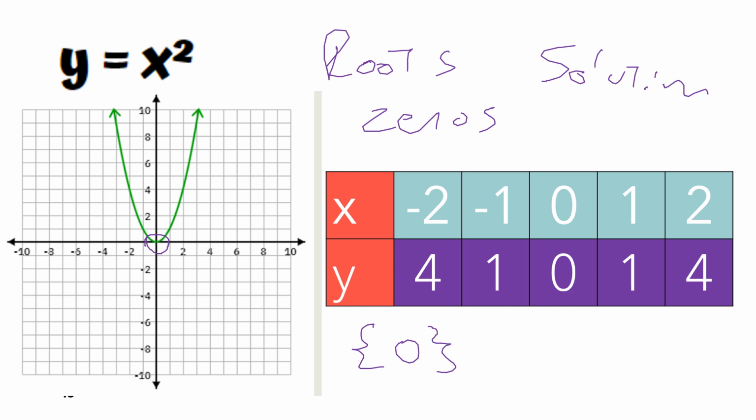You could write it in what's called your solution set as {0}, or you could write it as the ordered pair (0, 0). Either way is right. In this course, I primarily will use the solution set, but sometimes I'll do (0, 0). If I do that, just know they both mean the same thing, and that the solution to this quadratic is 0.